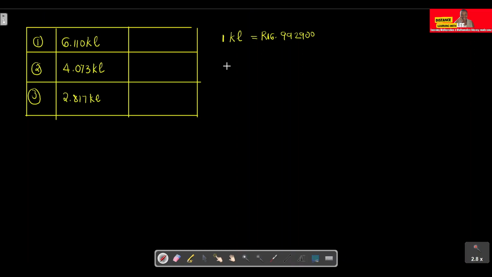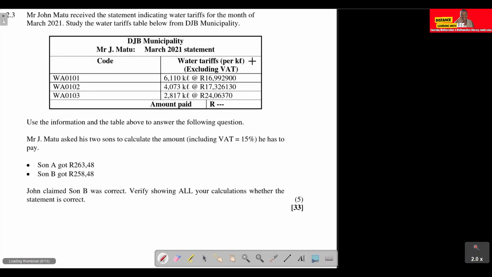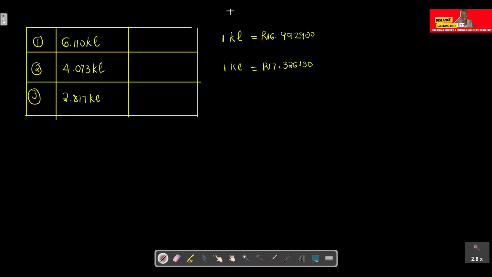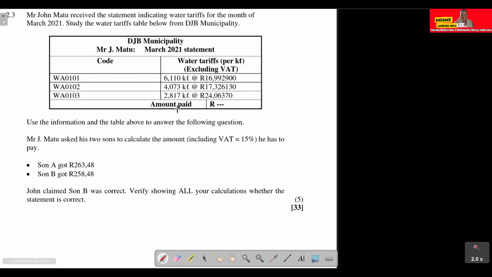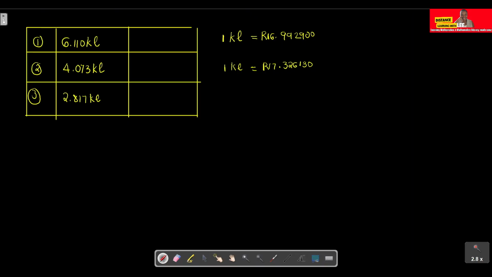Okay, in the second block, for every 1 kiloliter of water he uses, he pays 17.326130. And in the third block, for every 1 kiloliter of water he uses, he pays 24.06370.